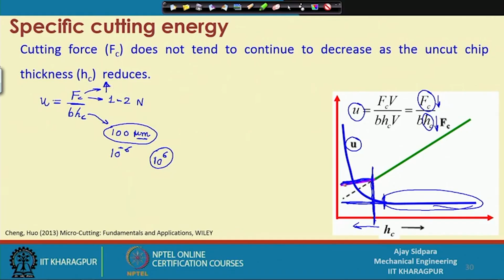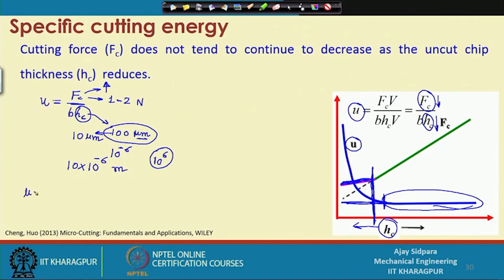So, that is what is happening once you cross one particular limit of reduction of the uncut chip thickness, and your Hc also reduces, but Hc is in the denominator. So, now if you consider this is going from 100 to 10 micron, so basically it is 10 into 10 raised to minus 6 meter, correct.